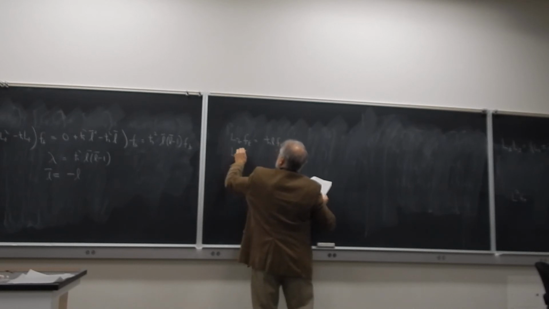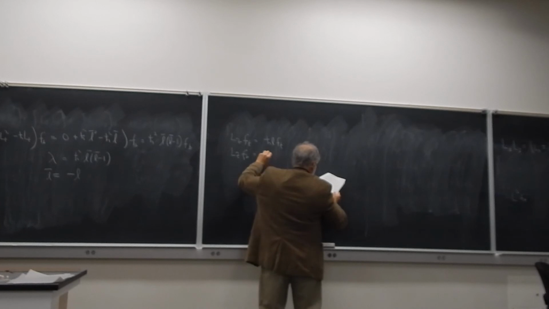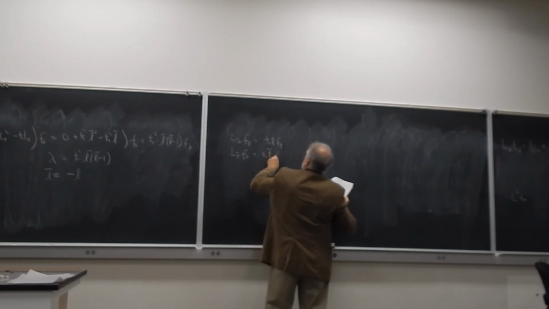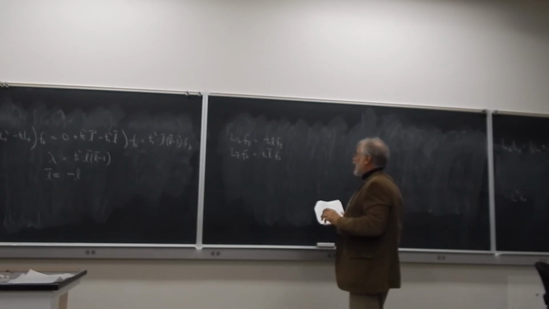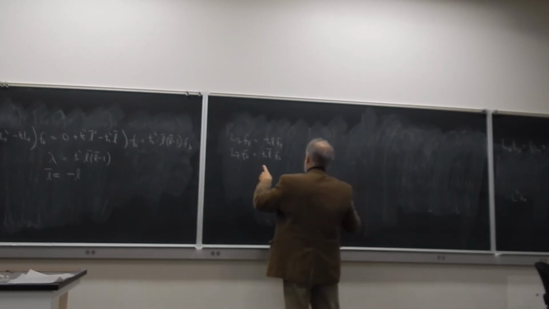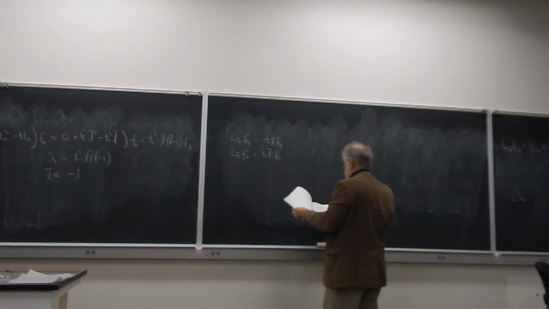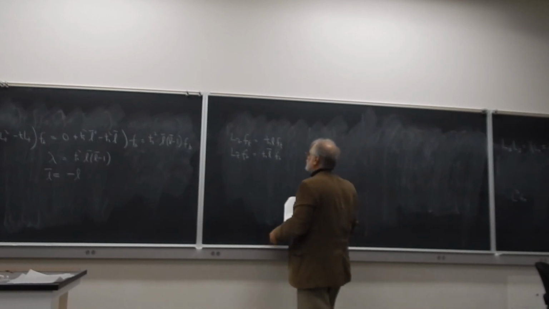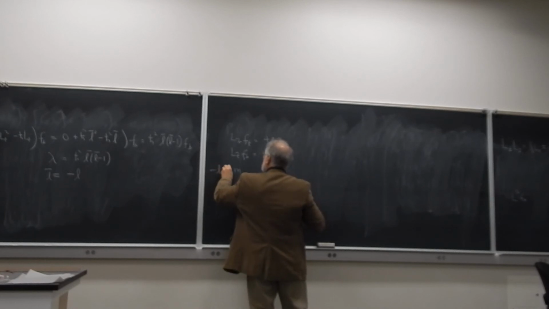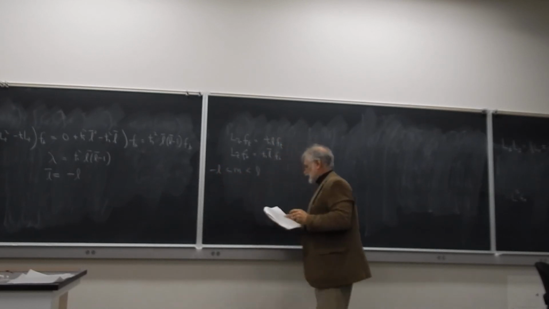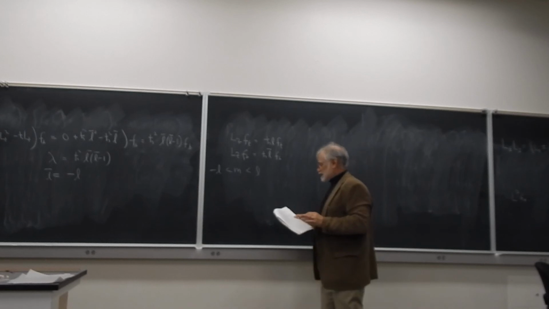Lz applied to f bottom is h bar times L bar times f bottom, the bottom rung. So in general, the eigenvalues of Lz will just be some integer times h bar. We'll call that integer m, and m ranges from minus L to plus L in integer steps.